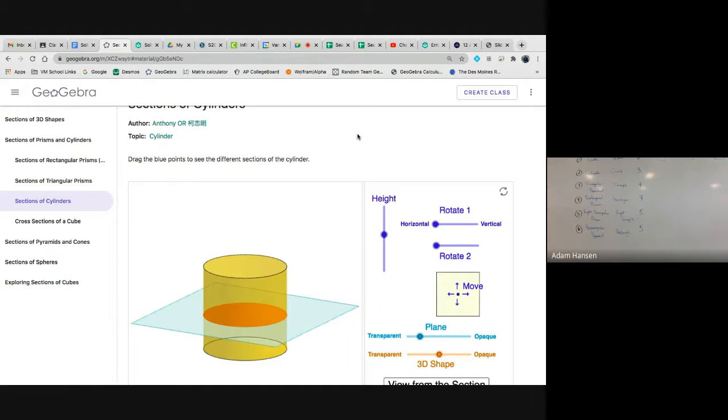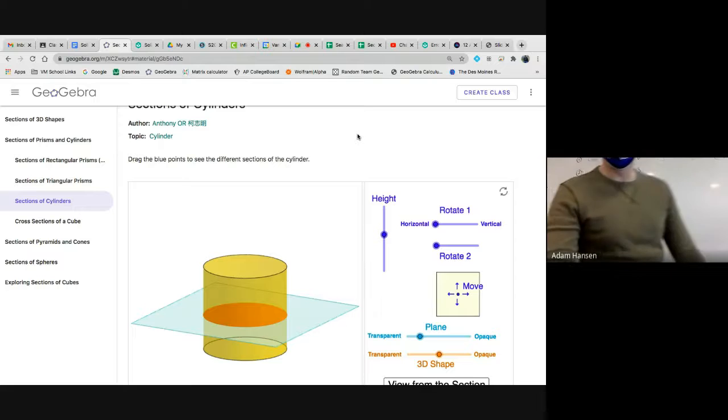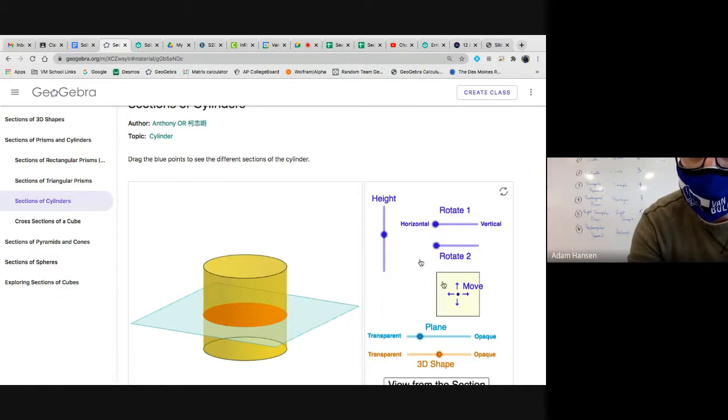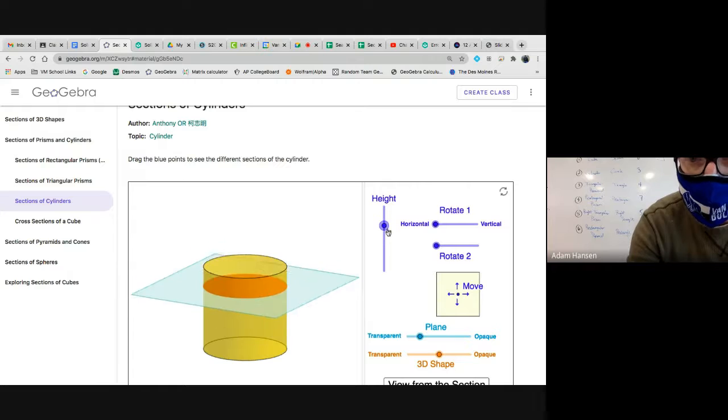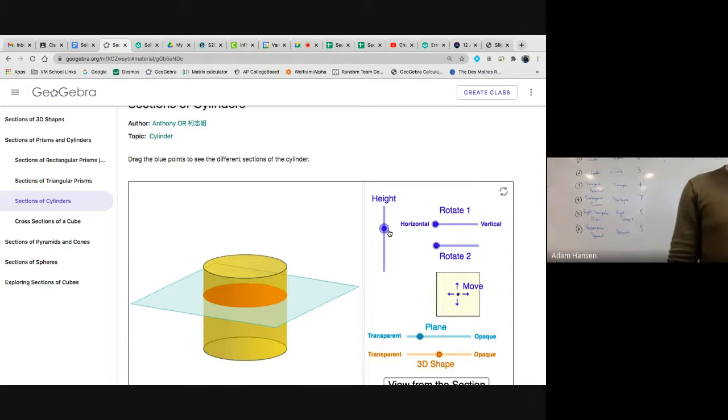As I move that blue plane up and down and slice it to find its cross section, what type of shape is it? What two-dimensional shape represents the parallel cross section of a cylinder?